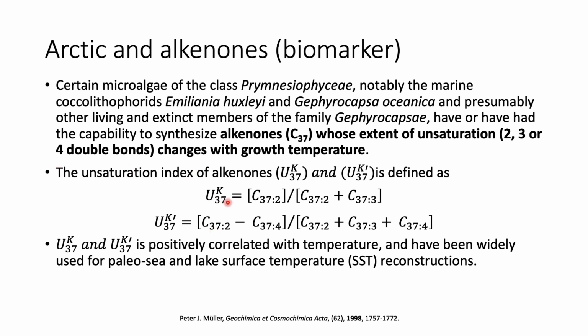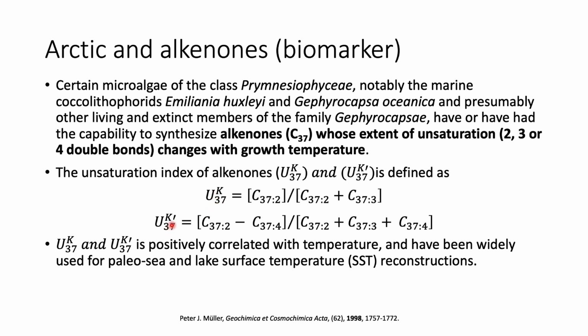So UK37 is equivalent to the concentration of C37 having 2 double bonds divided by the concentration of C37 having 2 double bonds plus the compounds having C37 with 3 double bonds. So this is the total amount, out of which how much C37 having 2 double bonds is present is the value or the index UK37.